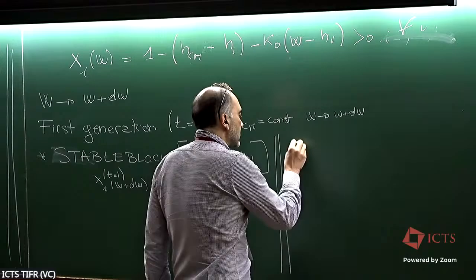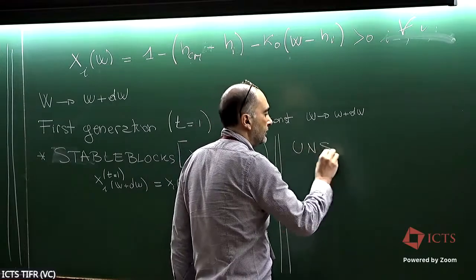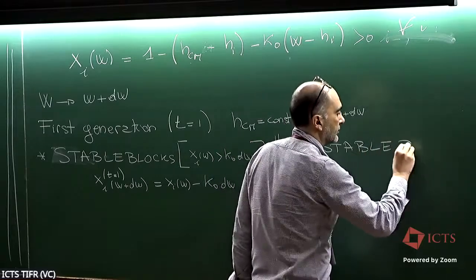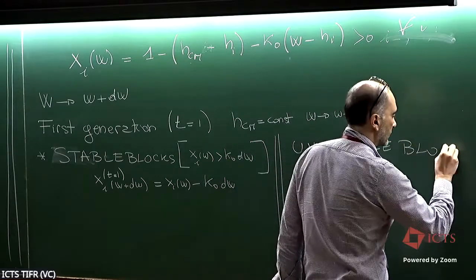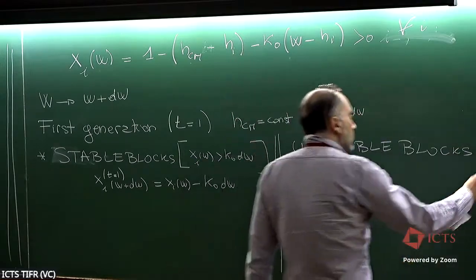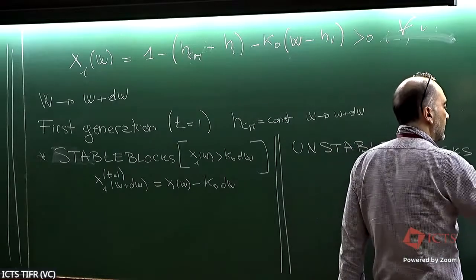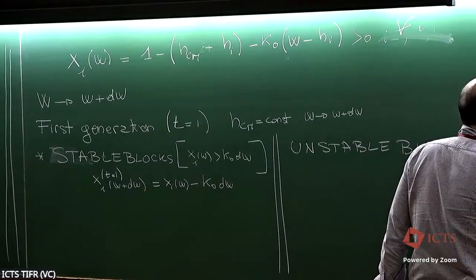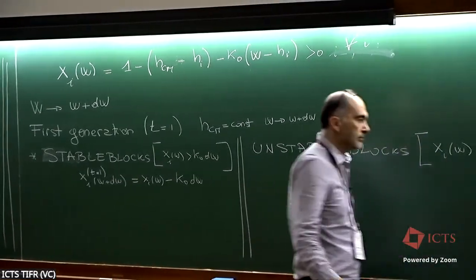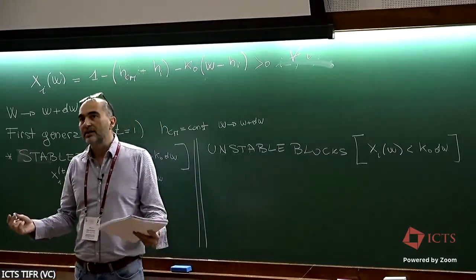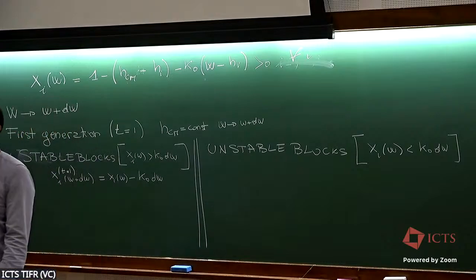Now we have the unstable blocks. So the condition is that xi of W is smaller than K0 delta W. So these guys will touch the origin, they become unstable, okay? K0 delta W is very small, so essentially they become 0.